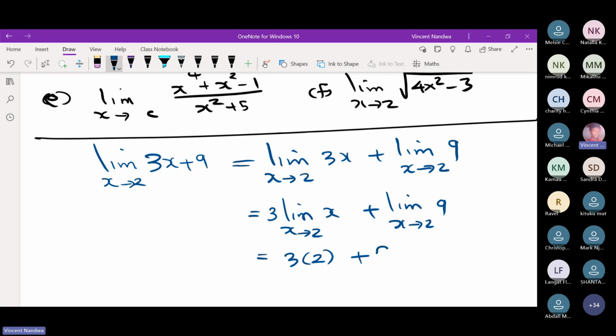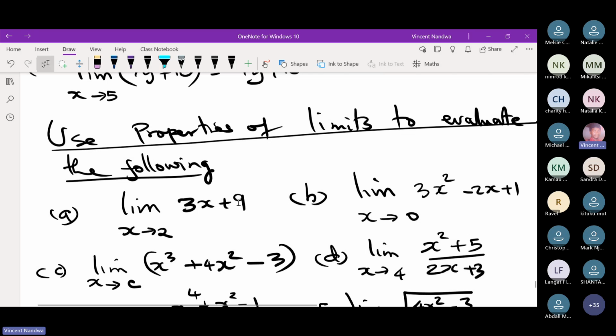We say that the limit of a constant is the same constant, regardless of where the variable of the limit is approaching. So 3 times 2 is 6, plus 9 to get 15. So the value of the limit is 15.